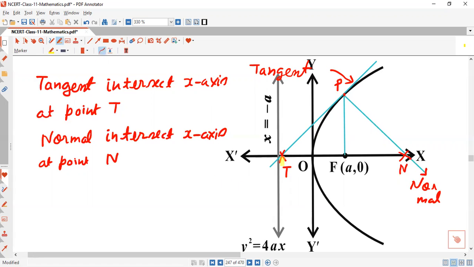I want to say this distance FT equals, let me use a marker in a different color, FT equal to FN.